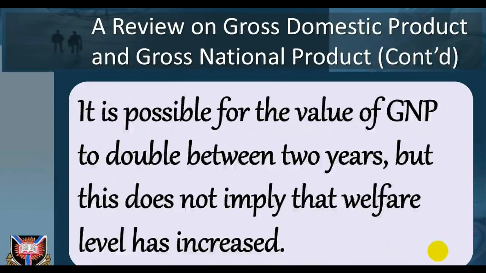When GNP is measured at current money value, its value is going to be affected by the price level. It is possible for the value of GNP to double between 2 years, but this does not imply that the welfare level has increased. If the price level also doubles over the 2 years, then the real value of GNP has not changed in the 2 years.